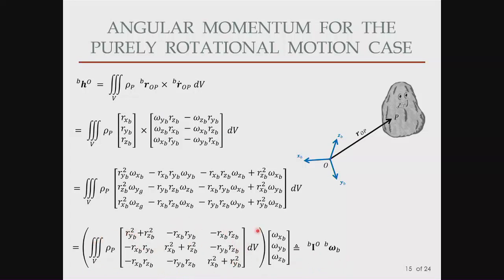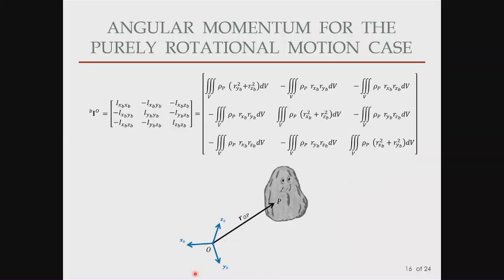But these R_xB, R_yB, R_zB go from point O to point P instead of from point G to point P. So very similar algebraically, but totally different assumptions. Essentially all the integrals you can just do, but you will have different limits.